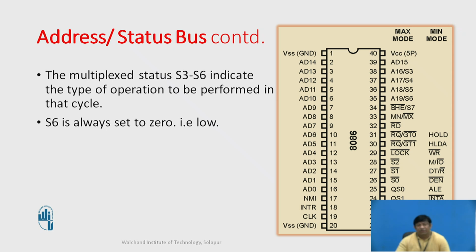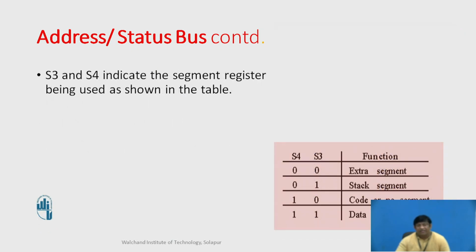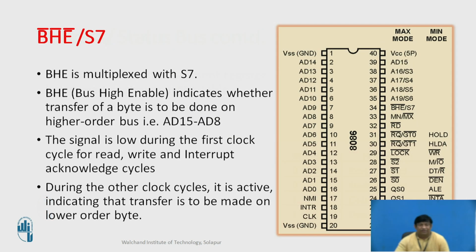S6 is always set to 0, low. S5 gives the current setting of the interrupt flag, and S3 and S4 indicate the segment register being used, as shown in the table. When both are 0, it is the extra segment. When only S3 is 1, it is the stack segment. When only S4 is 1, it is the code segment. And when both are 1, it is the data segment.